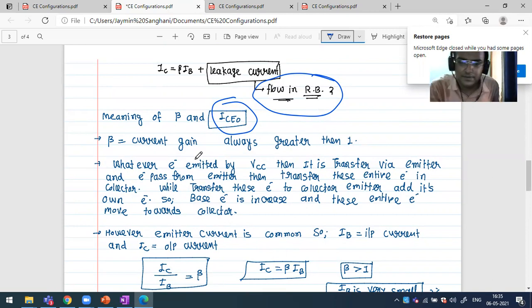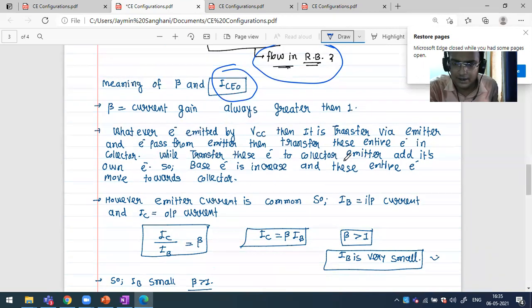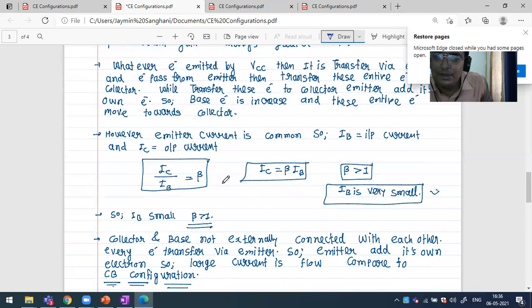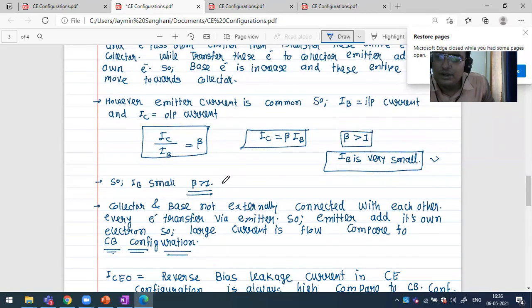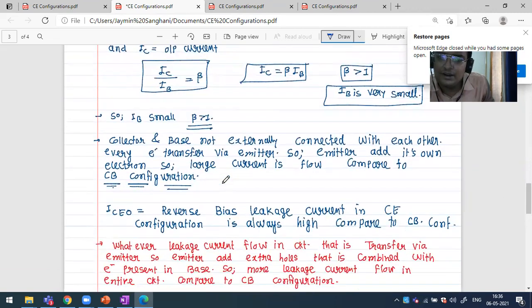While transferring, the emitter adds its own electrons, so base electrons are increased and this entire electron flow can be moved towards the collector. The emitter current is common, so the input current is IB and the output current is IC. So IC equals beta times IB, with beta greater than 1.